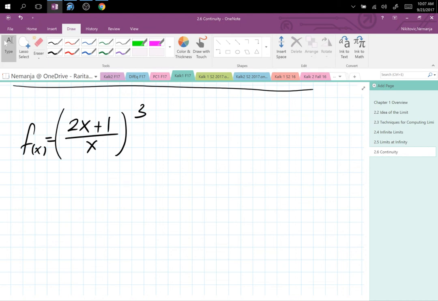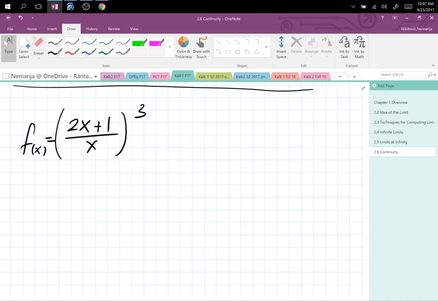So yes, polynomial on top, continuous. Polynomial on the bottom, x, continuous as well. But because it's in the denominator, it can't be 0, but in this case it can, right? So we would say polynomials are continuous, function composition of continuous functions is continuous.